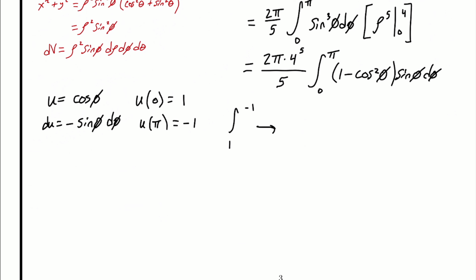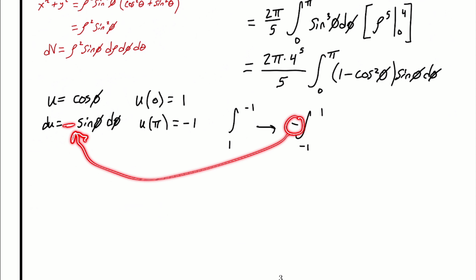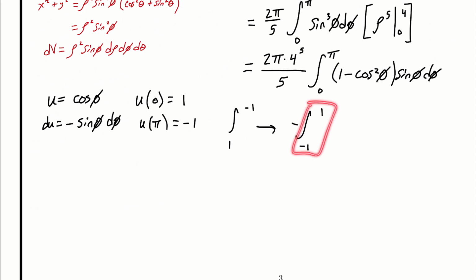We could swap this to negative 1 to 1 if we take a negative sign. Right here, that's the cost we have to pay for switching them. We can switch them, we just have to pay a price of a negative. But the nice thing is, this negative that we need to pay immediately comes from this negative that we get from our du. So we can basically just cancel these negatives, making them both positive, and then keep our bounds in a nice consistent way.